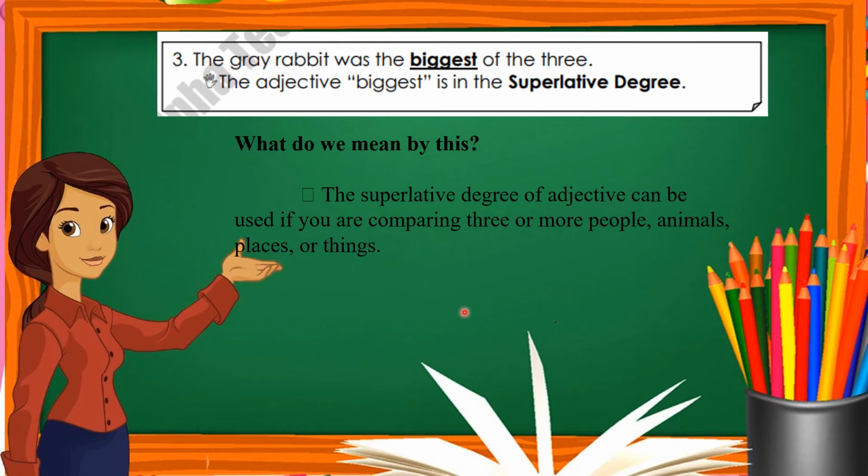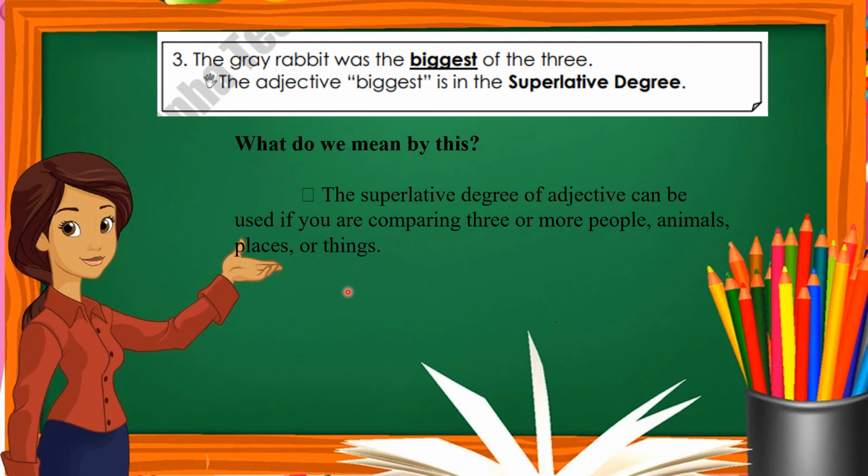Think of it. Positive form, 1. Comparative degree, 2. Superlative degree, 3 or more people, animals, places, or things. That's the difference between the 3 degrees of comparison.